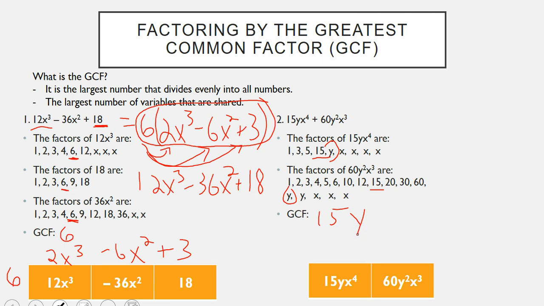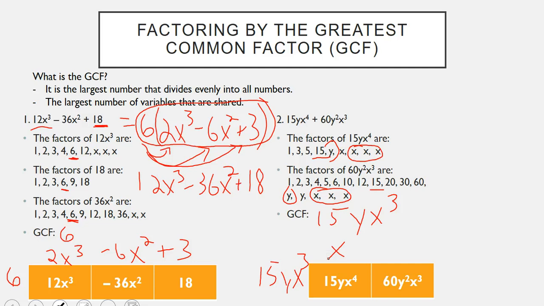If I take a look at the number of x's, I have 3 over here, and I also have 3 up here. So x cubed is also part of the GCF. I'm going to put this down here, and we'll start dividing. 15y x to the fourth divided by 15y x cubed is just x.